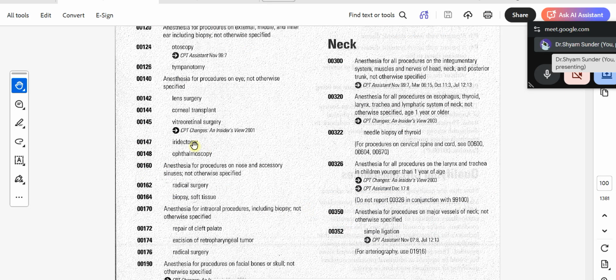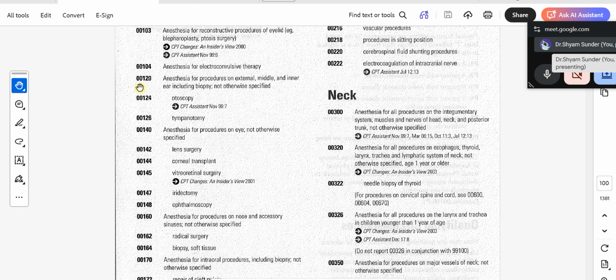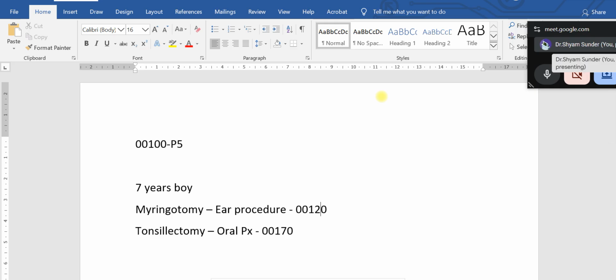Myringotomy, an ear procedure, is here: 00120, anesthesia for procedures on external, middle, and inner ear. So you have two separate anesthesia codes.